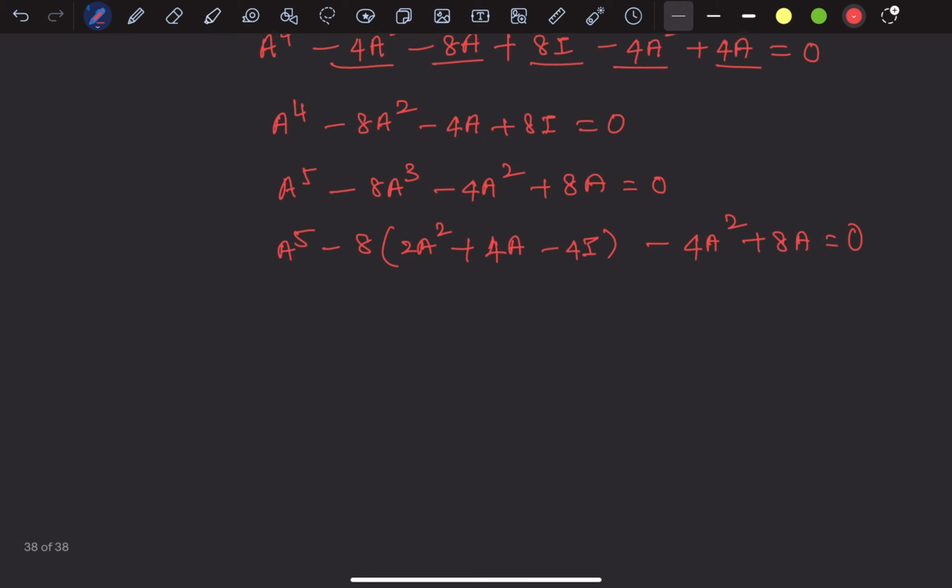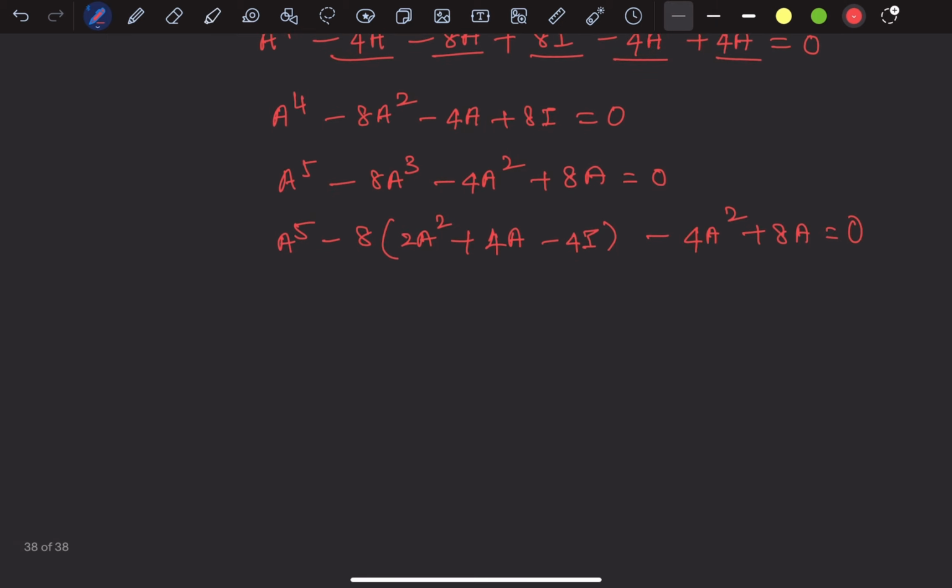It is a direct substitution and solving type of question, so all you have to take care of is your calculation. Minus 32A plus 32I minus 4A square plus 8A is equal to 0. So A to the power 5 minus 16A square minus 4A square is minus 20A square.